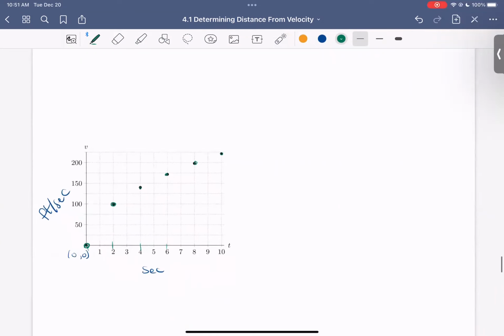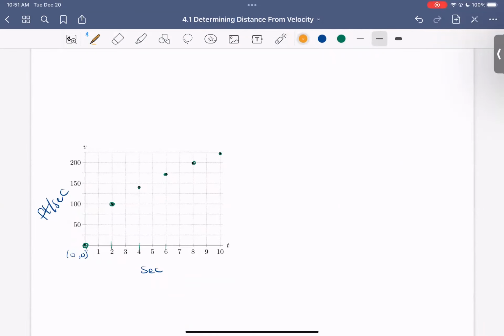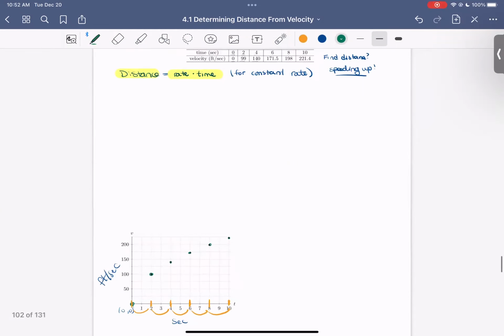So looking at these intervals, let's chunk up these intervals of time. So we have 0 to 2, 2 to 4, 4 to 6, 6 to 8, 8 to 10. So we have 1, 2, 3, 4, 5 intervals of time that we're going to look at. So let's start by trying to find a minimum distance.